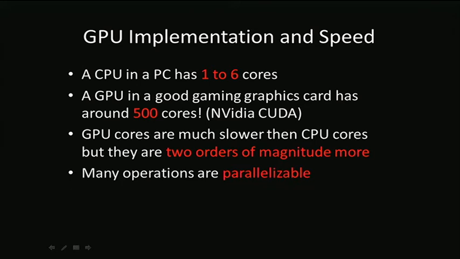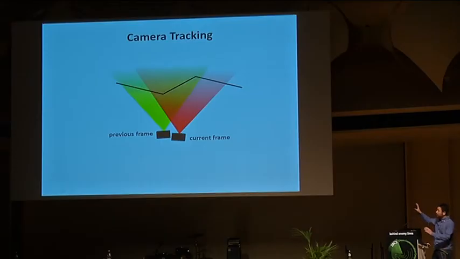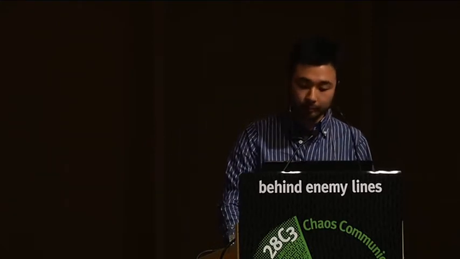Okay, now back to the core components. So when we track the camera, we have data from the previous frame and a current frame. So we see on the left, in the green frustum, that the camera was more to the left and it moved to the right. But the camera doesn't know that it has moved, so we have to somehow figure out how it moved. And to do that, we utilize an algorithm which is called ICP.